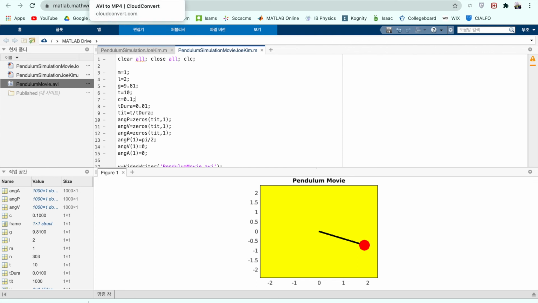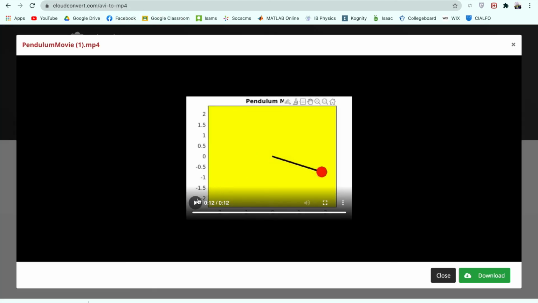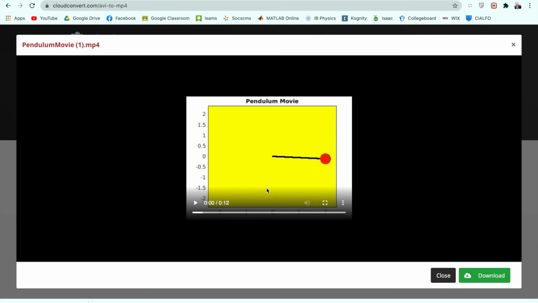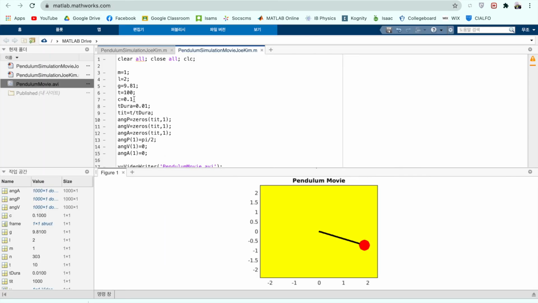But that's it. You could set this as 100 seconds, and you would be able to see how the pendulum really goes. Its displacement reduces as it goes. But yeah, you could do that. You could adjust the code in any way you want.